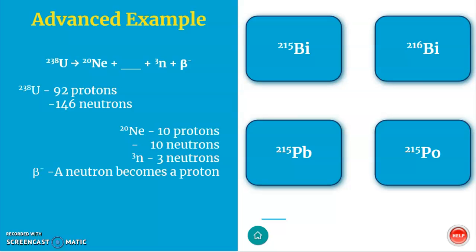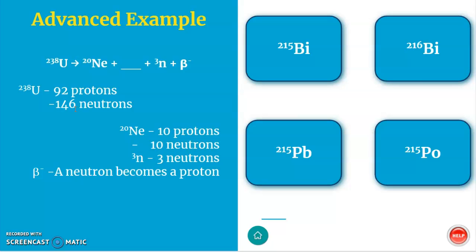I also have some beta radiation. Beta radiation, again, is going to make this a little bit trickier because what's happening is one of my 146 neutrons from my uranium-238 is turning into a proton. What that means is that on the right side of this equation, in my products, I'm not going to have 92 protons and 146 neutrons.